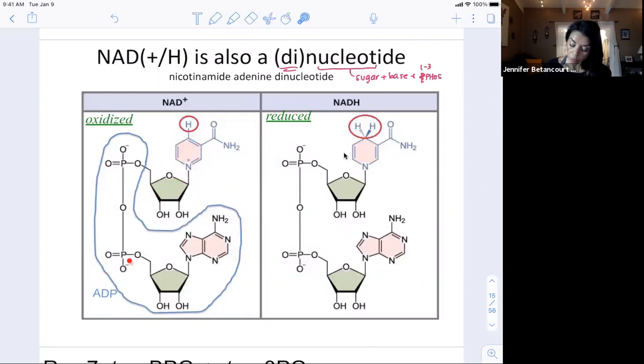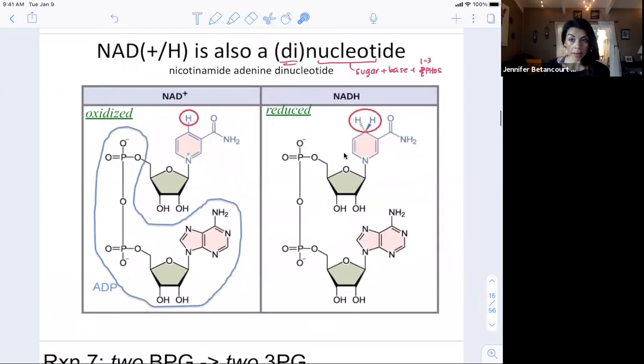This phosphate group belongs to this nucleotide, this phosphate group belongs to this nucleotide, and when they interact together, they form what's called NAD, which is nicotinamide adenine dinucleotide. In the reduced form, you see one extra little hydrogen, but this has lost its positive charge. This small, tiny change is what makes it energy storing. This is the big money.